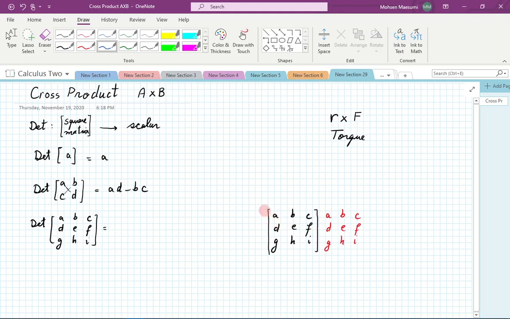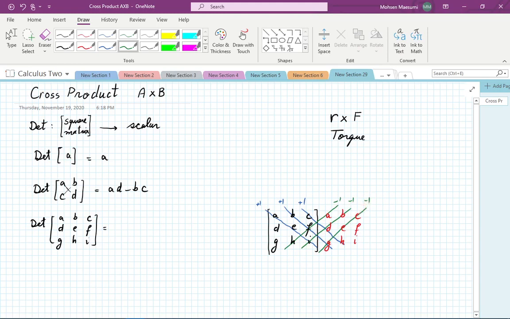There are lots of diagonals here. Number 1, number 2, number 3. I take these blue diagonals, multiply them by pluses, and then I go in the opposite direction: A, F, H, B, D, I, C, E, G, and multiply these by -1.